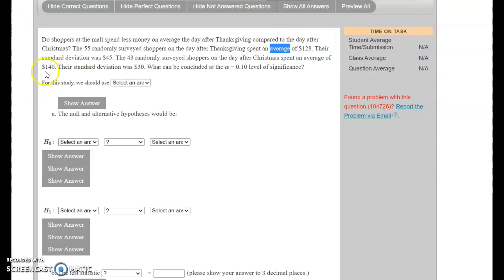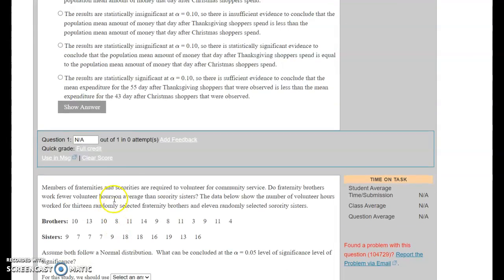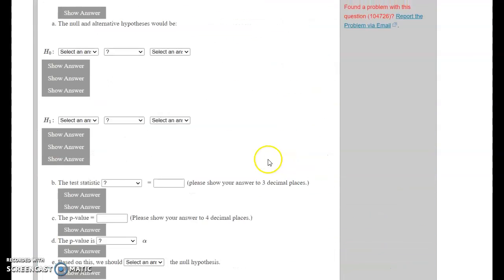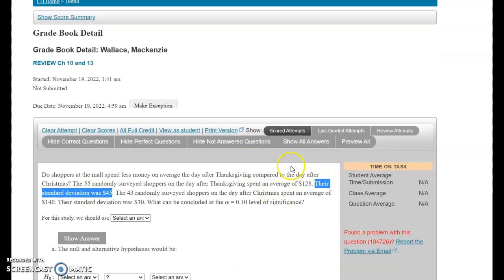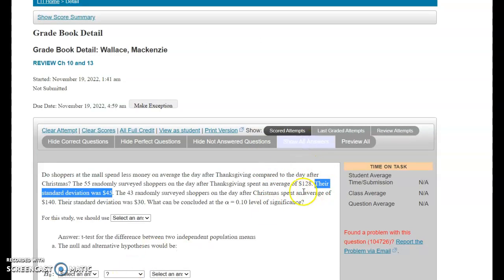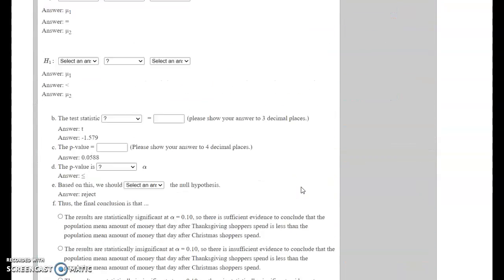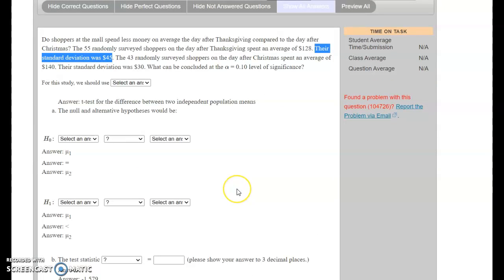Okay, so when you're reading these problems, you really need to focus on the sentence right here. Their standard deviation was $45. Okay, don't look at the whole problem. Focus on where that tiny little standard deviation comes from. Give me 1 second here. Okay.